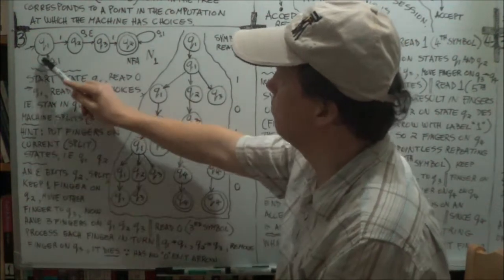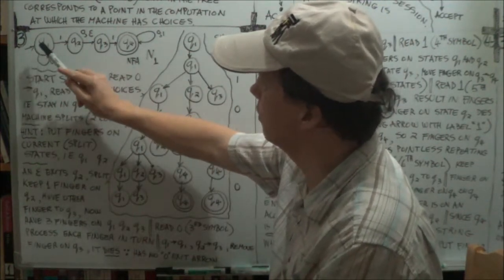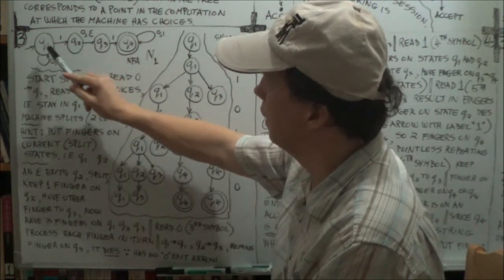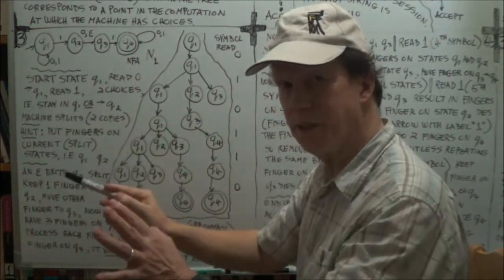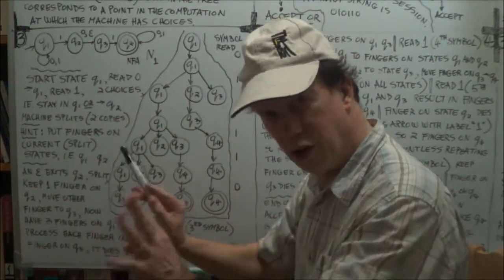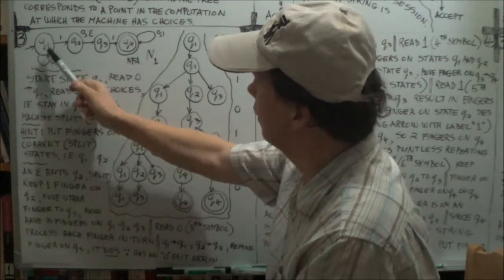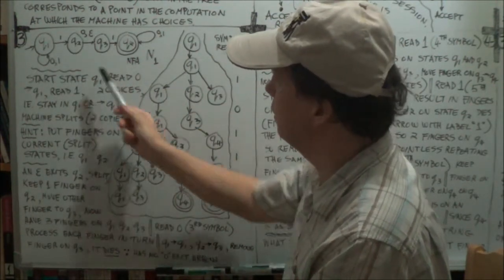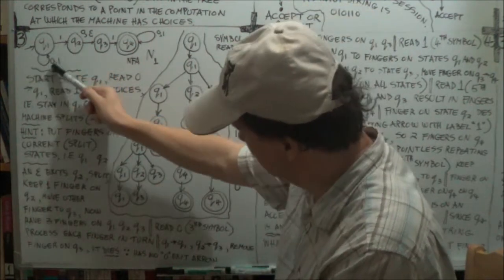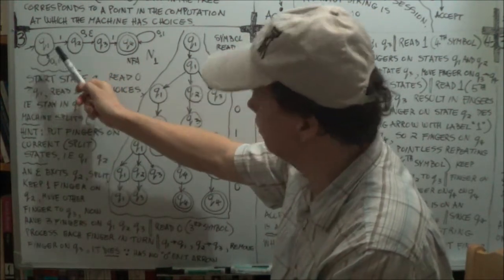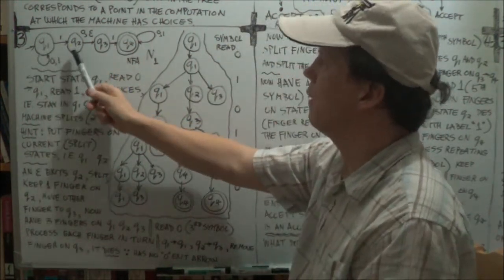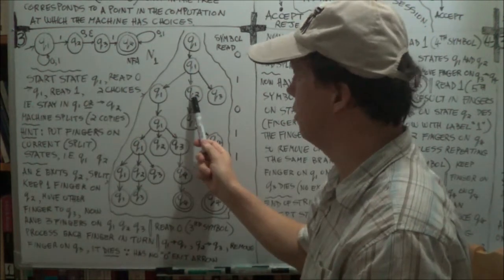Now, because we had two choices, we can go here or here, that implies a splitting, non-deterministically. So we now have two machines. One of them will stay in state Q1, if you take that transition. But if you take this transition, the second machine will be in state Q2.